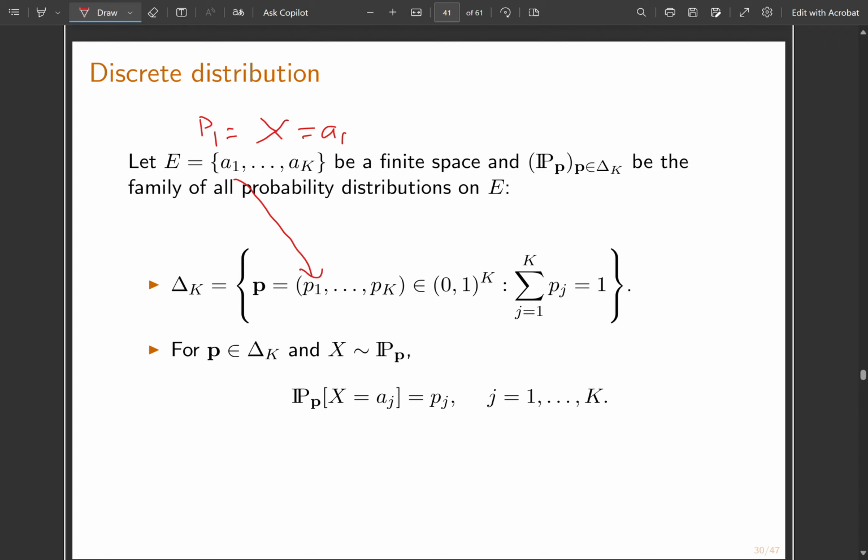And this set of all the probability vectors p1 to pk, many p1 to pk vectors, is called a simplex. It is the simplex of Rk, where k is the size of each vector inside R.